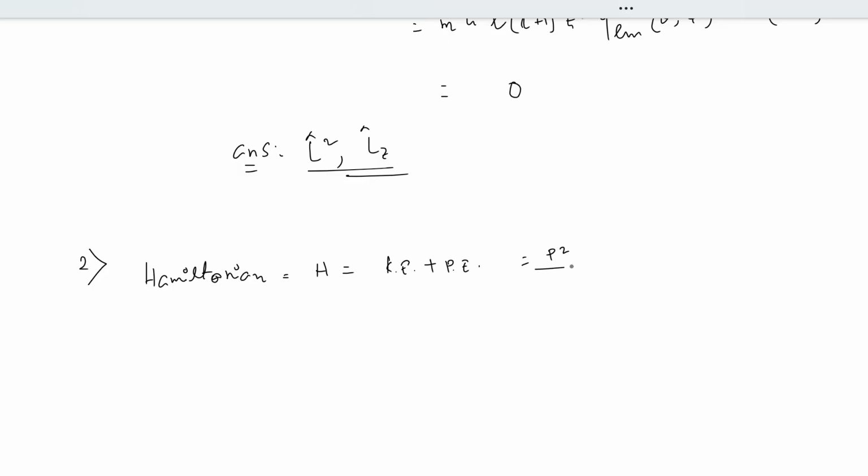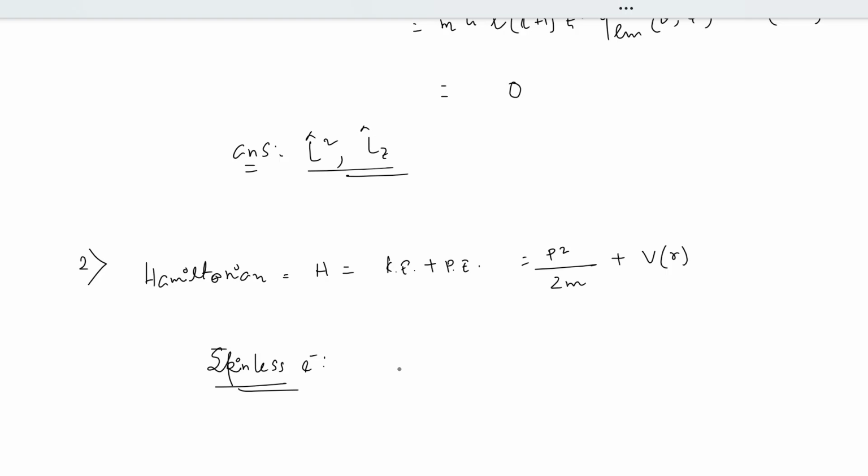Kinetic energy, you know, is P squared by twice m for the electron, and the potential energy is already given in the question as the potential V(r). Now because in the question you have to consider a spinless electron, what does the time reversal operator actually do?